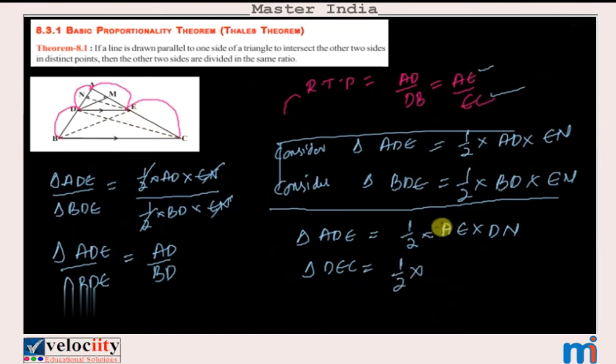Base is EC itself, and the height for this side, EC is again part of this bigger side, right? And for this side AC, what is the perpendicular height? It is DM. So base is EC here, and what is the height here? DM. Sorry, DM. My bad. It is DM.